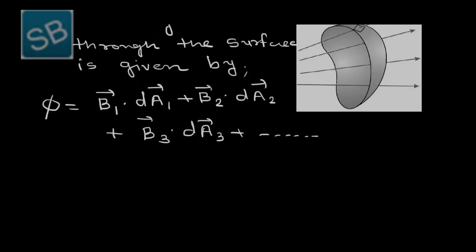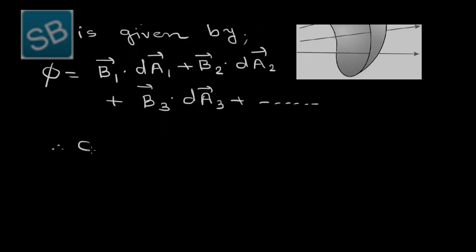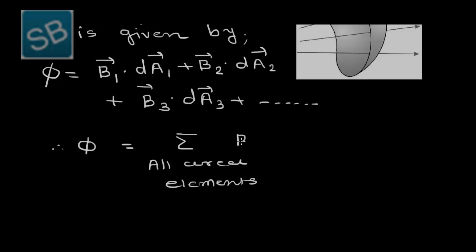So generally I can write this equation as a summation, where dA1, dA2, dA3 are area elements. So here the summation is for all area elements, and I am putting the subscript, so Bi dot dAi, where i you can choose from the area elements provided.